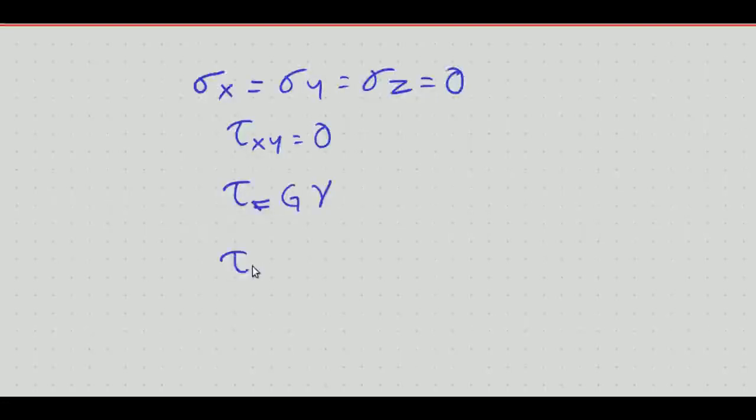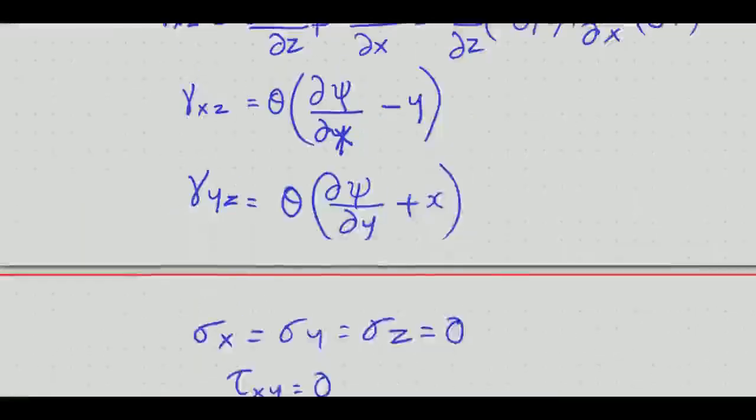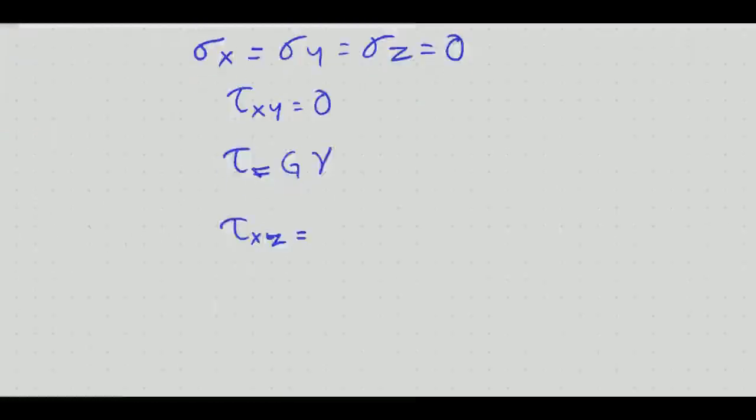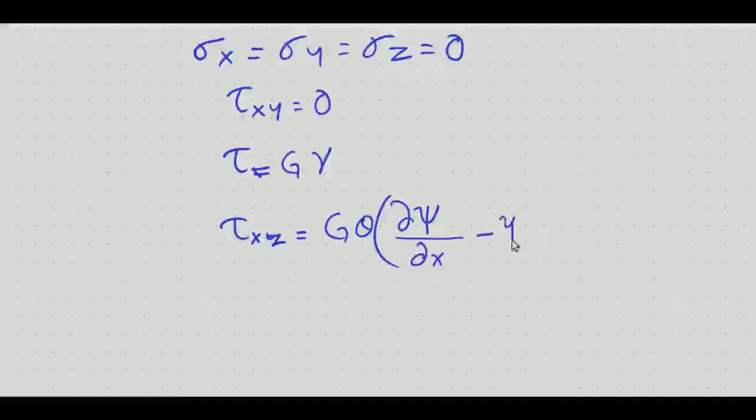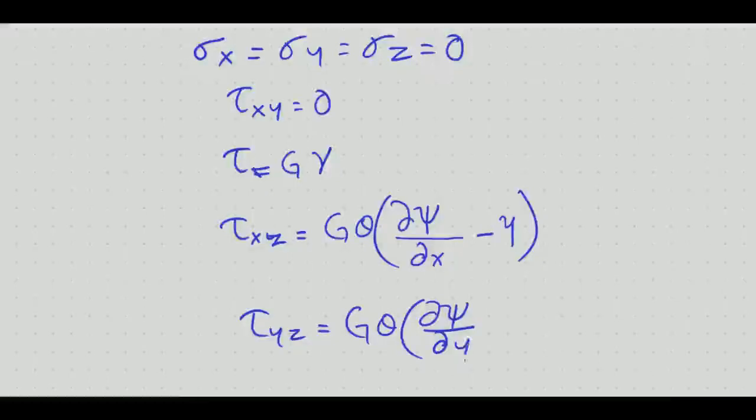From that we will get τxz is equal to G θ into (∂ψ/∂x minus y), and τyz is equal to G θ into (∂ψ/∂y plus x).